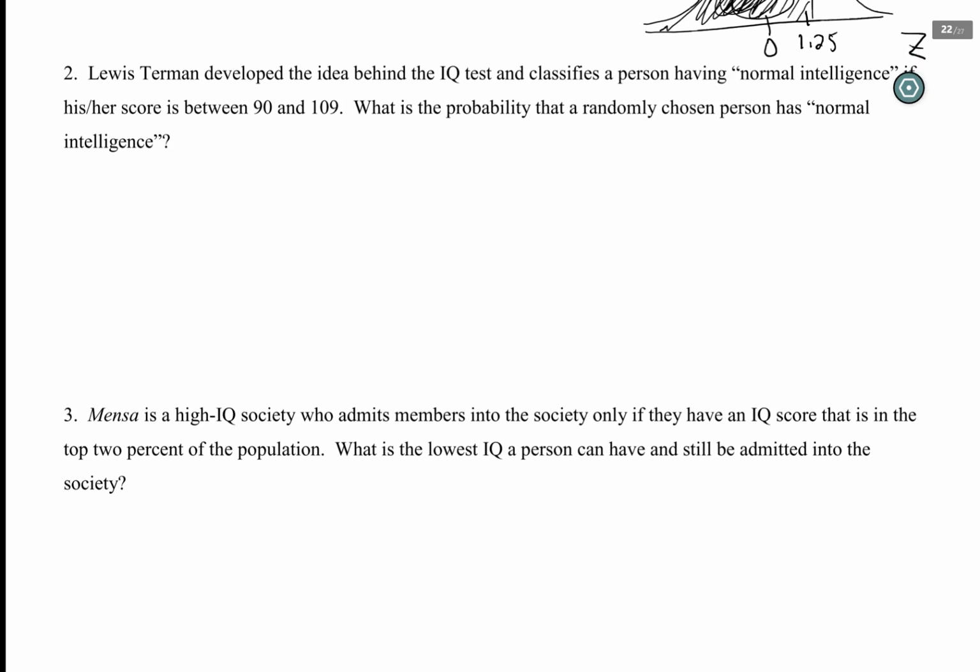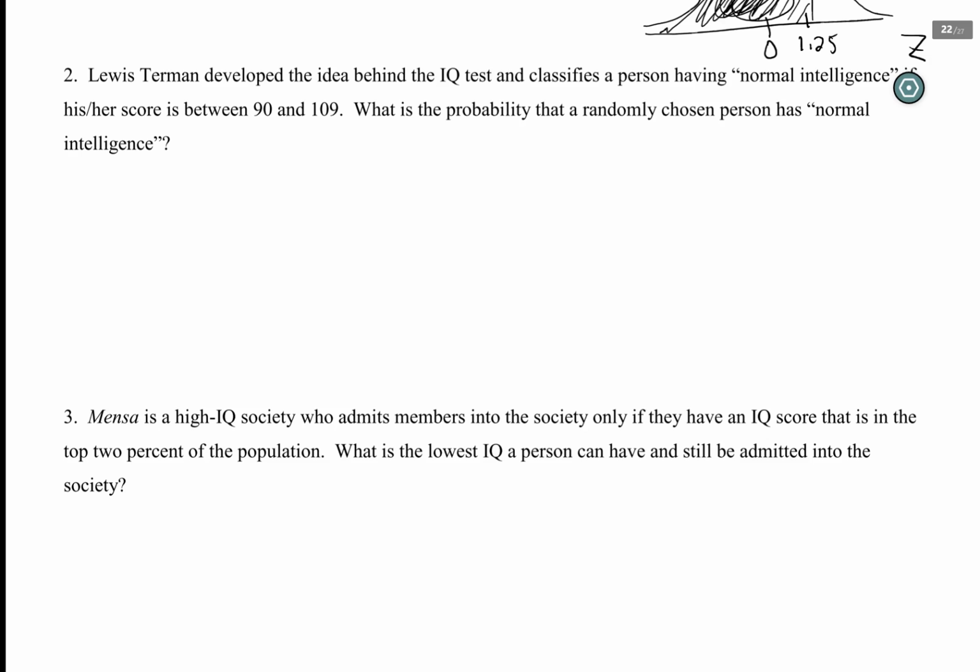What about the probability that an IQ score is between two values? Lewis Terman, who developed the idea behind the IQ test, had the designation of "normal intelligence" if X is between 90 and 109. So what's the area under that normal curve between 90 and 109?